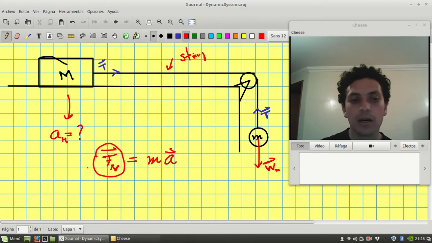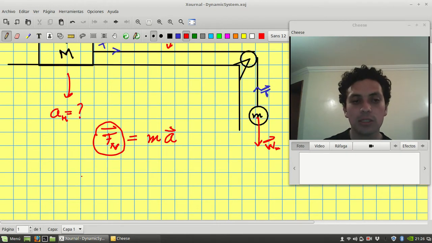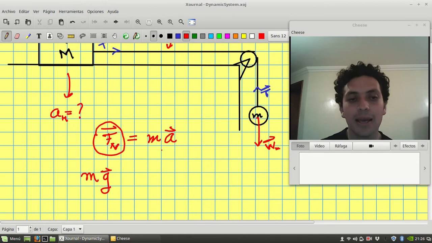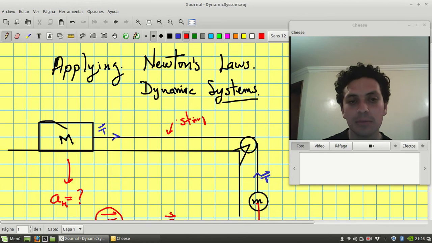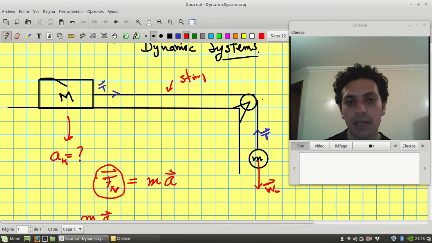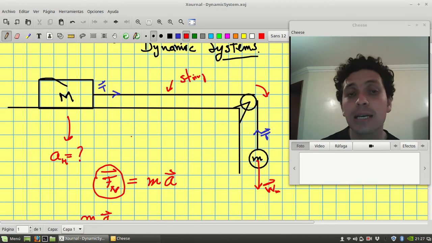So what we have to write is just the external force, that is the weight of m. This is the force in the direction of the motion. We're assuming that this system is moving in this direction. There are other external forces.